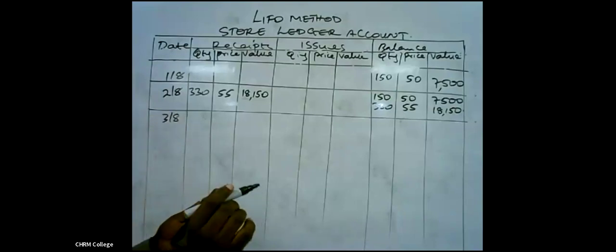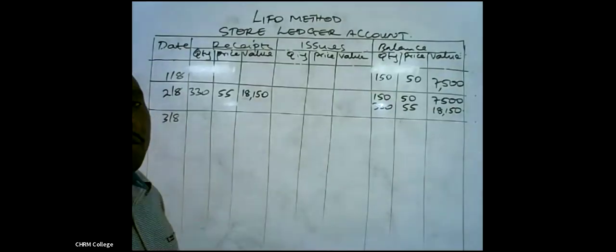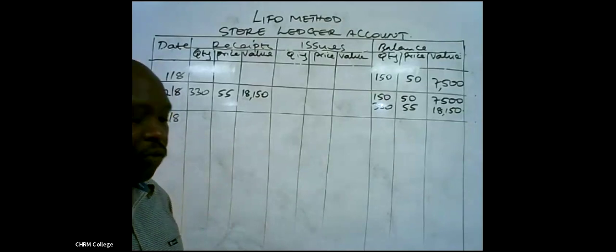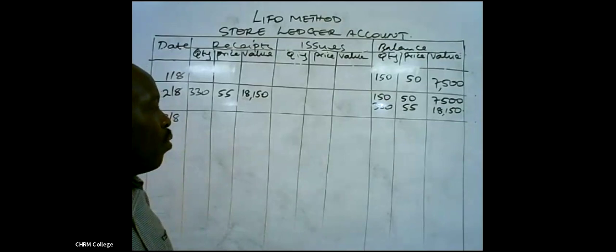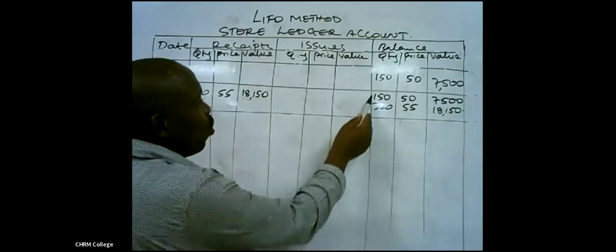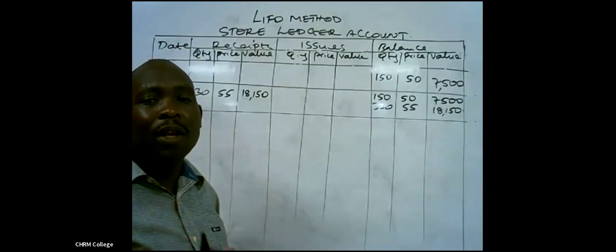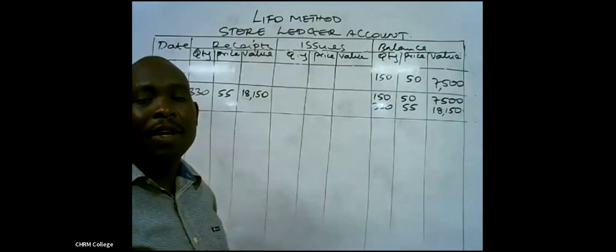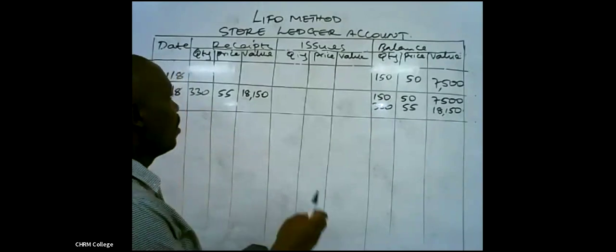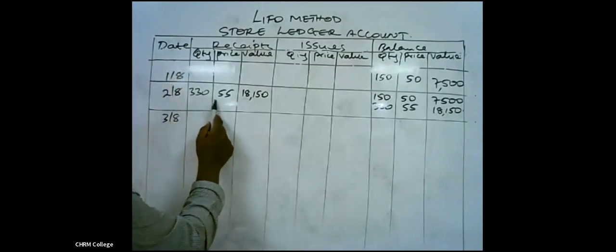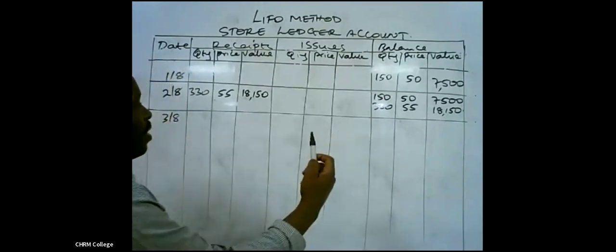we issued 160. This is now where LIFO applies. For the 160 that we are issuing, you need to ask yourself, between these two consignments, which is the latest to be received. Obviously, it is the consignment of 330 that has been received recently.